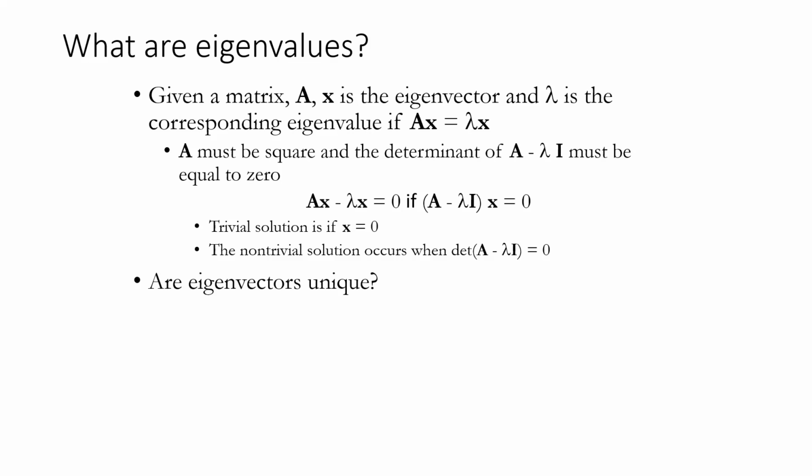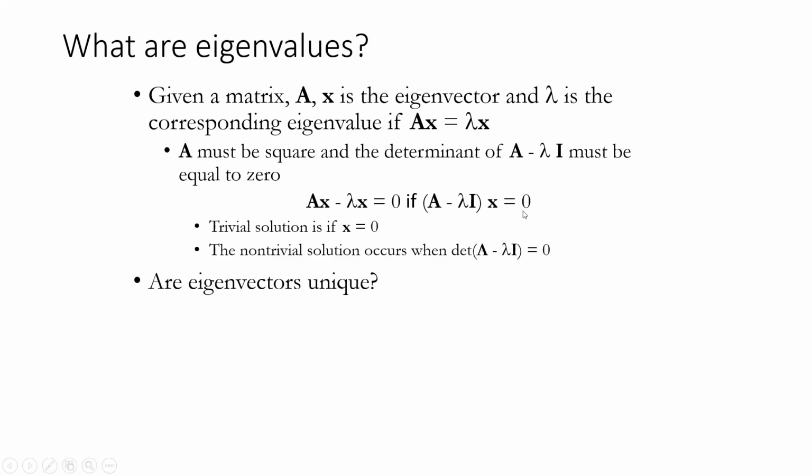When we take lambda x to the left hand side, we get A x minus lambda x is equal to 0. So (A minus lambda I) into x is equal to 0, and this x should not be equal to 0.